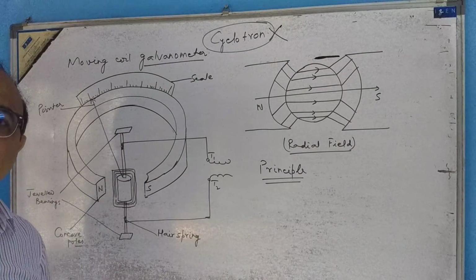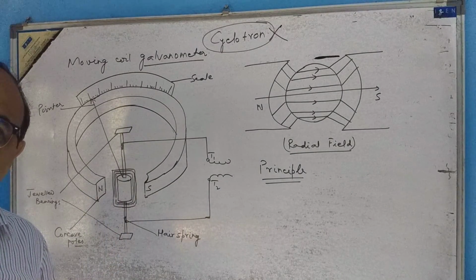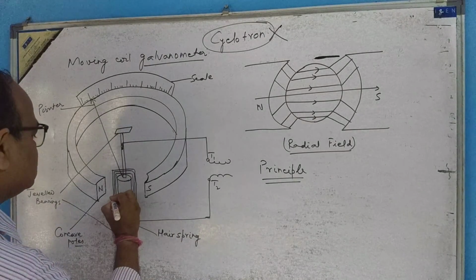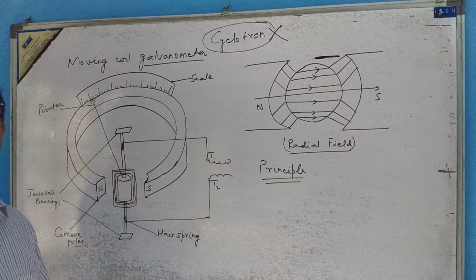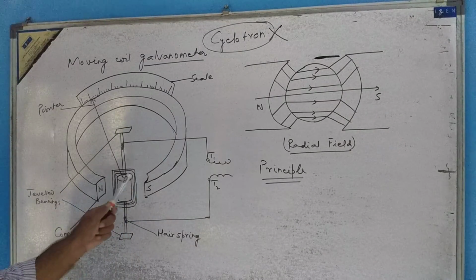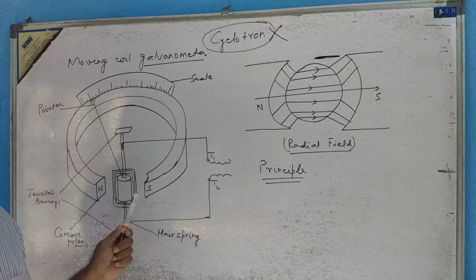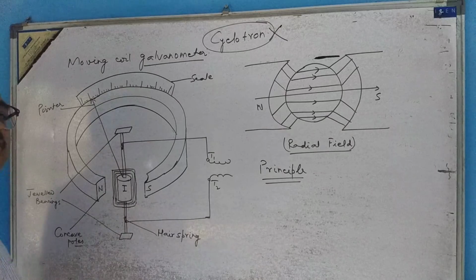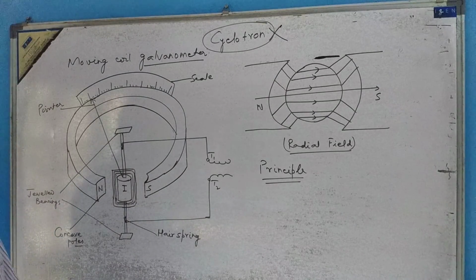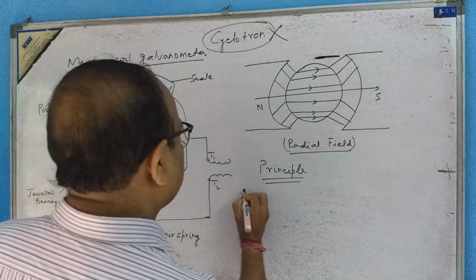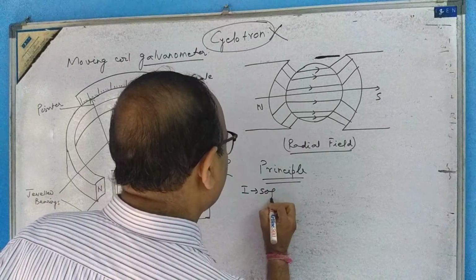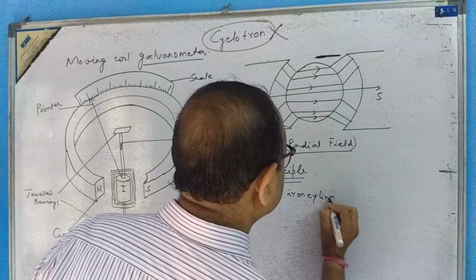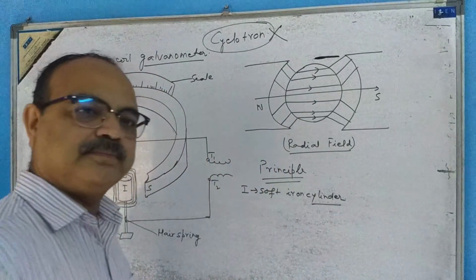Between these two pole pieces there is a rectangular coil, within which there is a soft iron cylinder. Here, capital I is a soft iron cylinder.